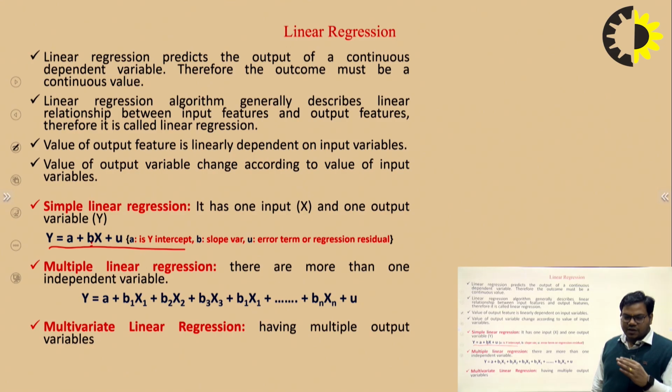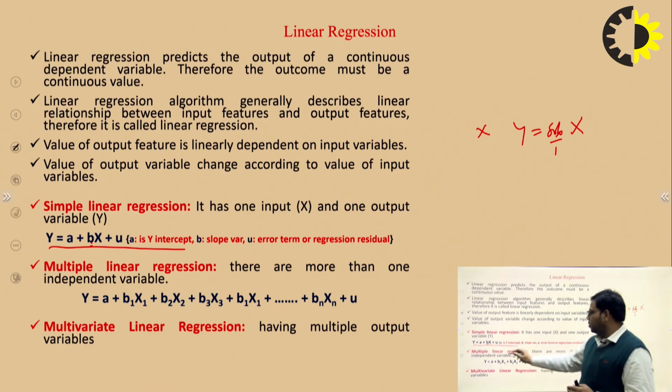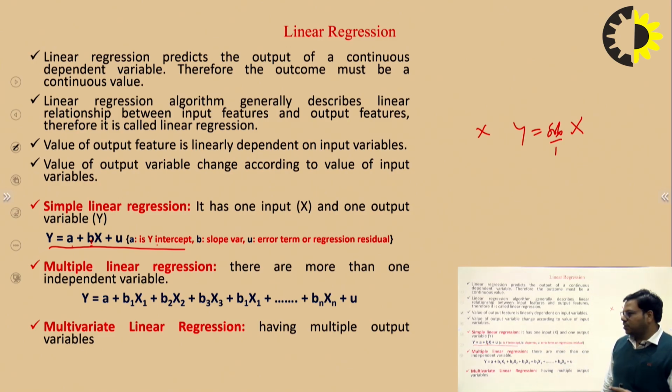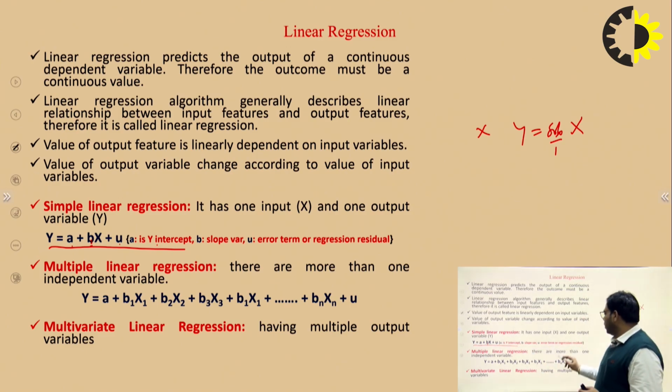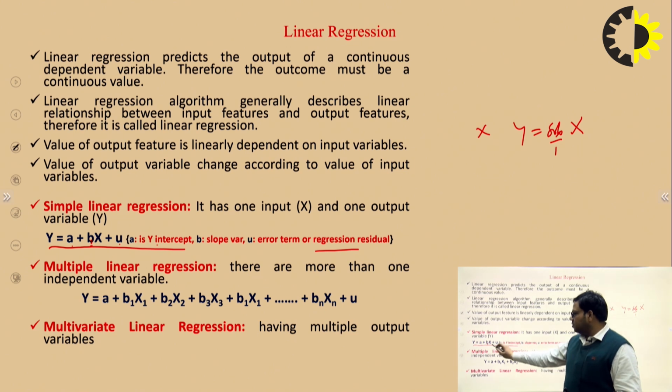Like in a straight line, if we have a relationship between x and y, then y could be x having some slope. So this slope coefficient is represented by this b. A is, I must say, the intercept or the adjustment in the regression, and u is the error term, as I said earlier. In the case of single or simple regression, this is sufficient.